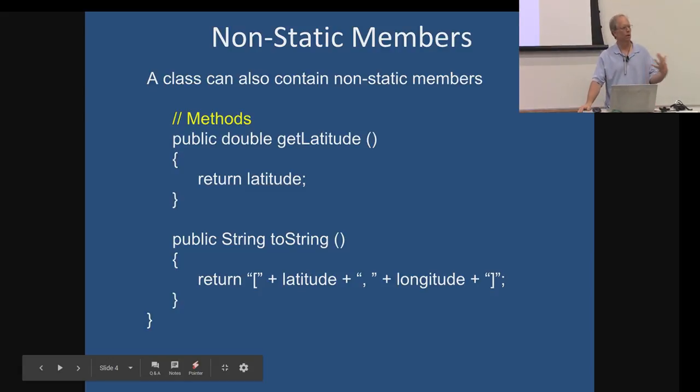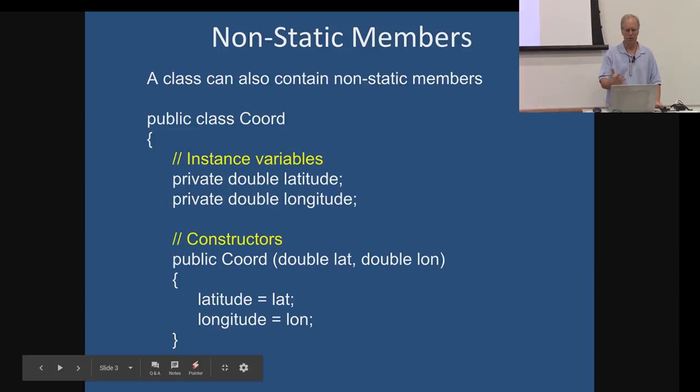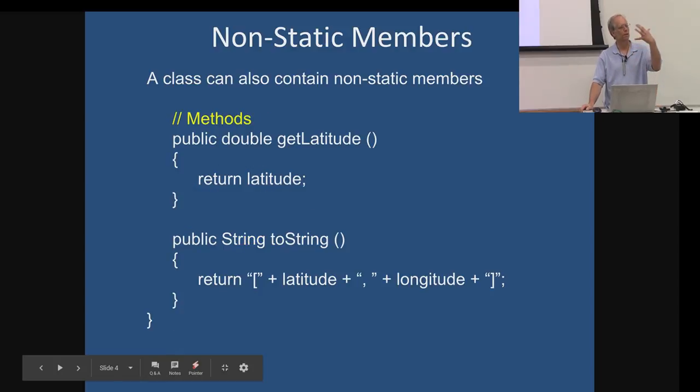Now we're going to look at how this class works, which starts on this slide and ends on that slide. That class defines a new kind of object called Coord. So it lets you create Coord objects and lets you call methods on Coord objects. So let's see how it works.